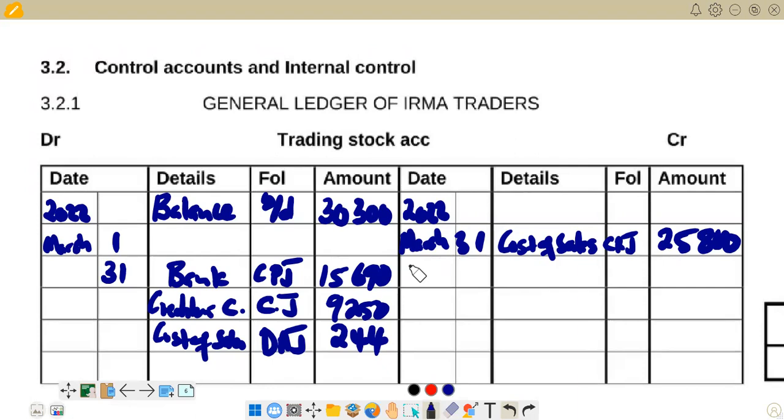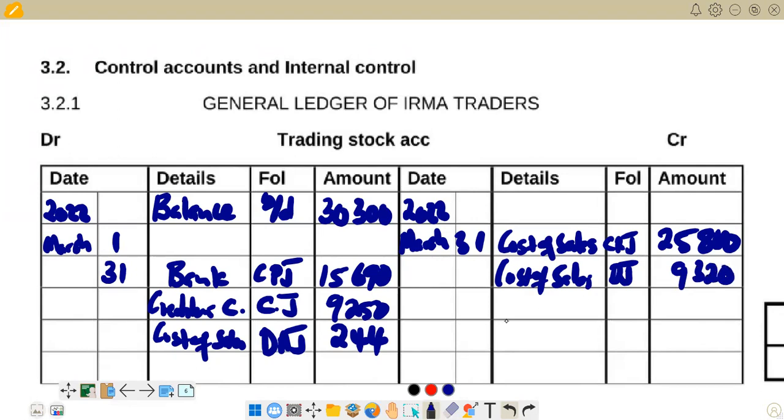For our dates, we have March 31 still applying there, and then we have our cost of sales. We are taking this figure from the debtors journal, and the figure is 9,320.